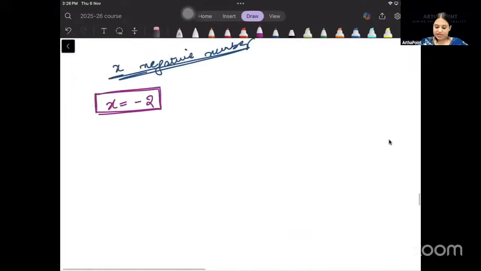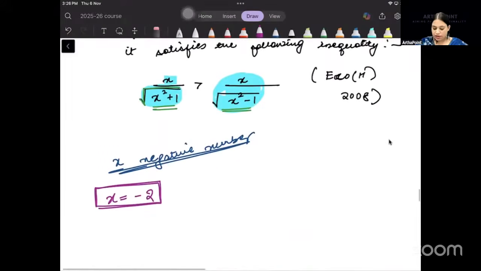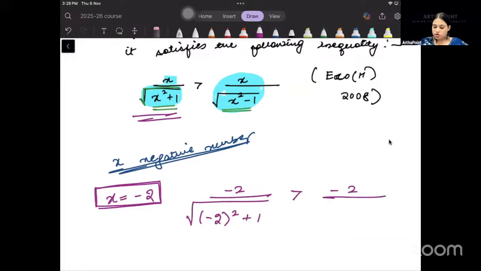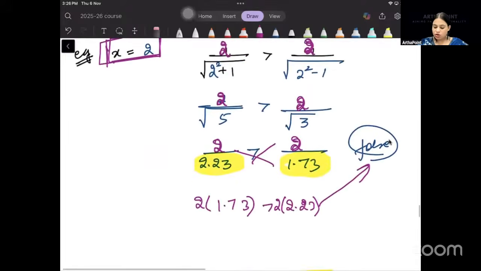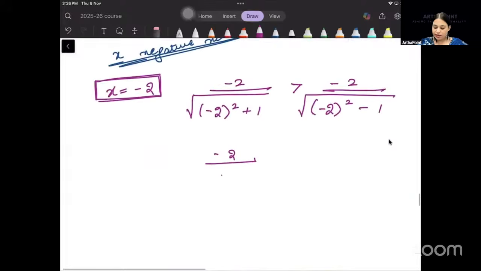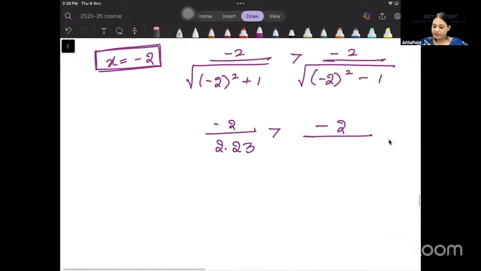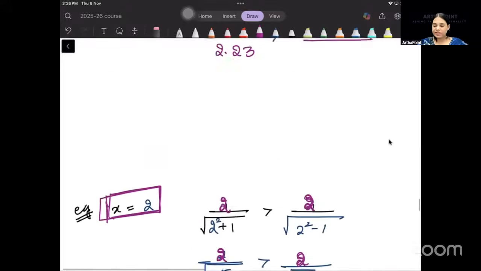Now let's take x to be minus 2, beta. So let's solve this side. Minus 2 upon root of minus 2 whole square plus 1 greater than minus 2 upon root of minus 2 whole square minus 1. The denominator will be the same only, 2.23 ही आएगा, and 1.73 ही आएगा.